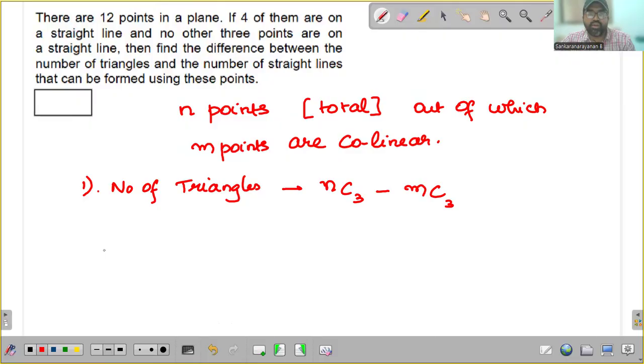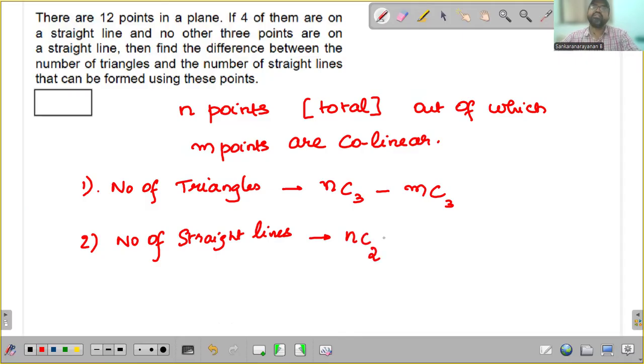Second, the number of straight lines that can be formed. In order to form a straight line, we need 2 points. If none of them are collinear, the number of lines I can form will be NC2. But here, since m are collinear, you exclude that MC2.